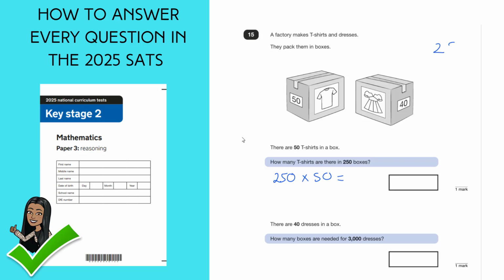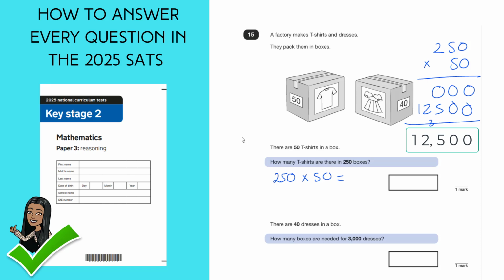So you could do a multiplication like this. Obviously we know that that's all going to be 0, and then your 25 times 5, and then add it all up. So 12,500 is your final answer.